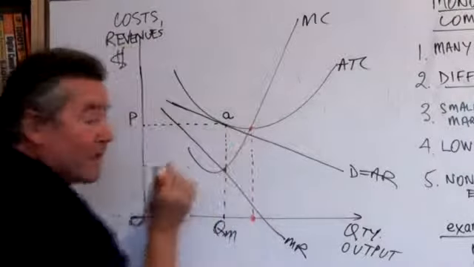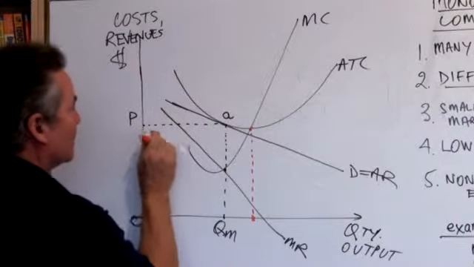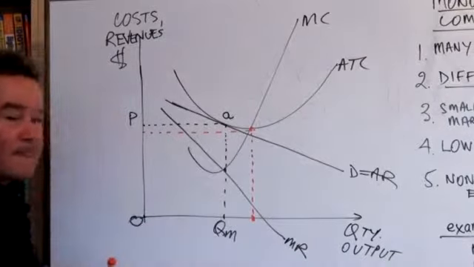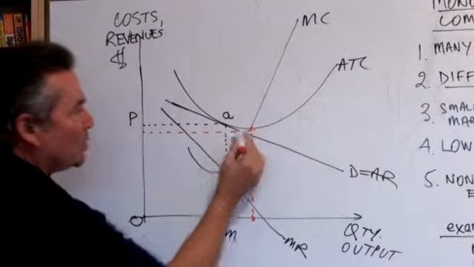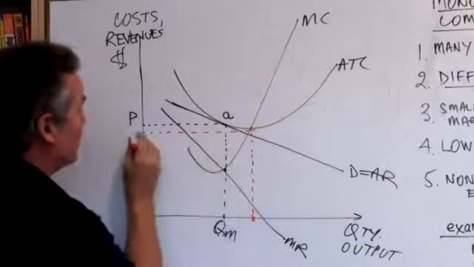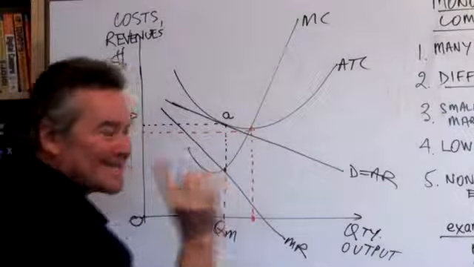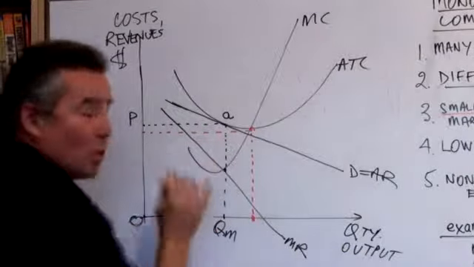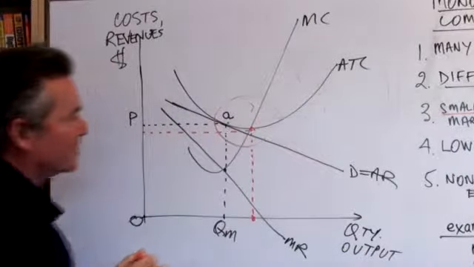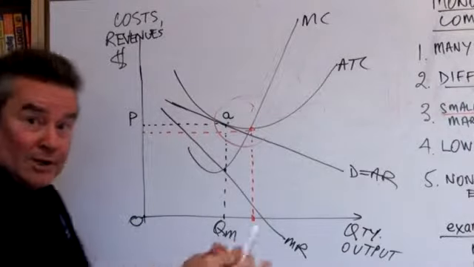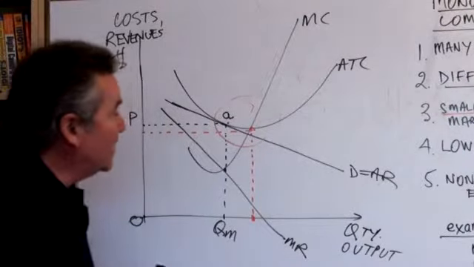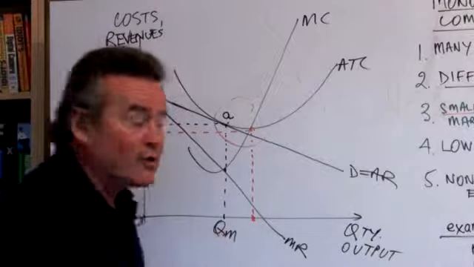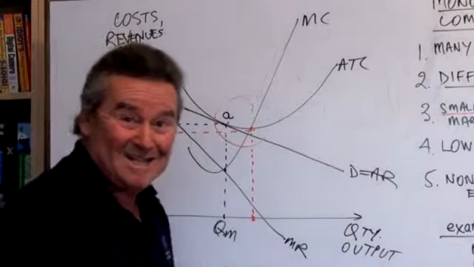And clearly, they're not operating at the point where a purely competitive firm would be charging. So here's that small degree of market power we've alluded to. Now, what it does throw up is that the firm is operating to the left of minimum ATC, a situation we refer to as operating with excess capacity.